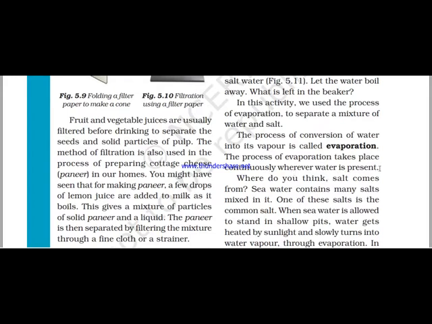Water is present in ponds, lakes, oceans and seas. Now whenever sunlight falls on these water sources, due to the heat of sun, the water starts changing into water vapor. Okay, this process is called evaporation.